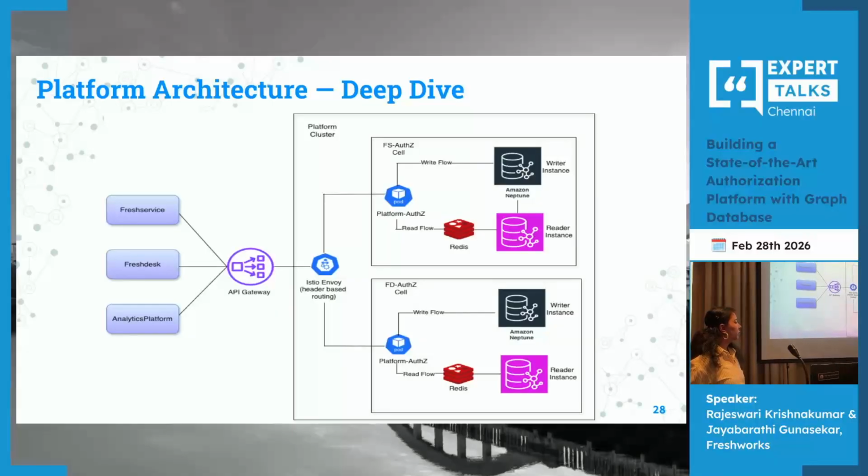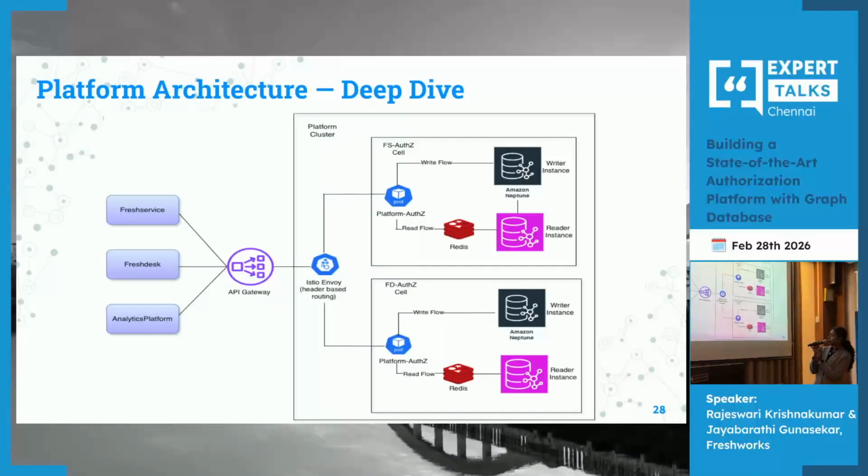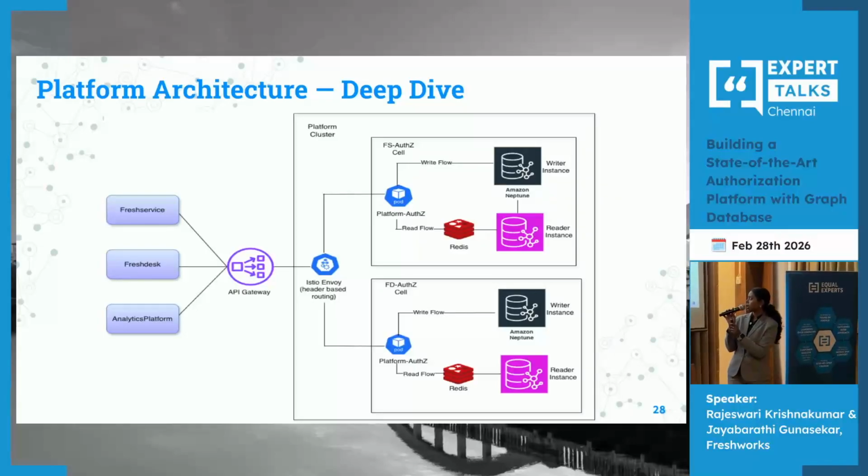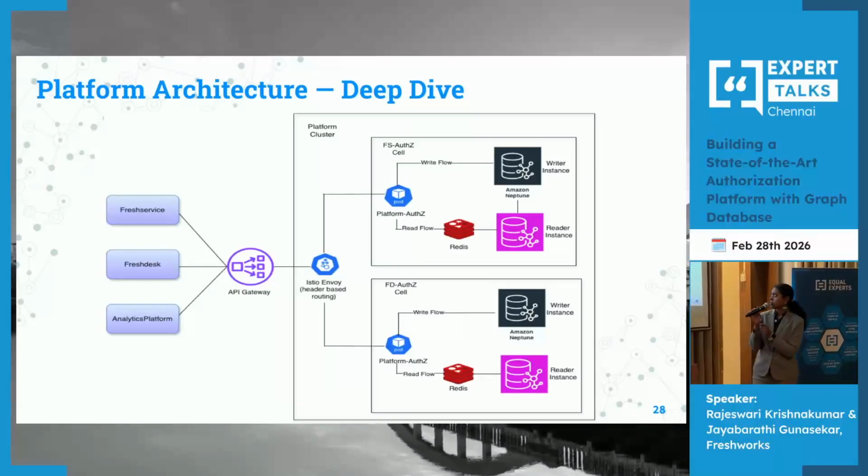Any request that is coming from any of these products will be routed into the centralized authorization cluster. If you see, the outer box is a platform cluster, and when the request comes in, based on the header, we will identify whether it is coming from Freshservice or Freshdesk.